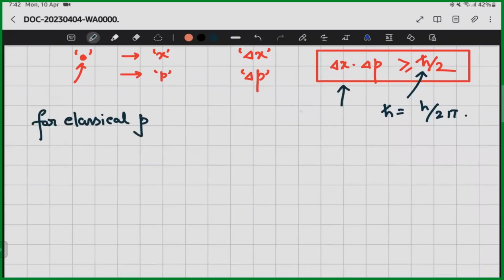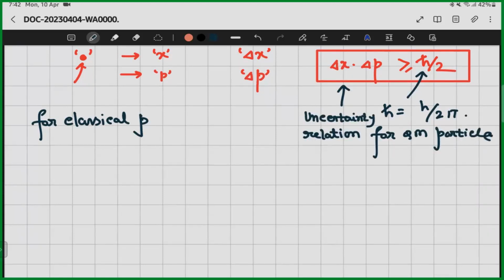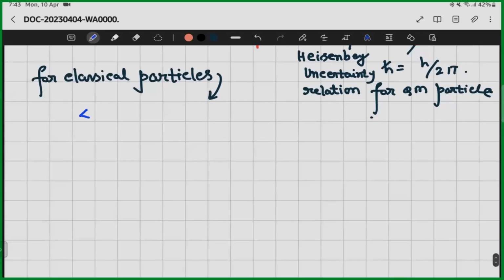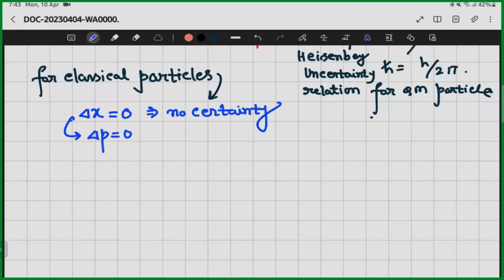Let me write. This is the Heisenberg uncertainty. This was given by Heisenberg. Heisenberg uncertainty is for quantum mechanical particles. For classical particles, if del x is 0, that means there is no uncertainty, then also del p can be 0.